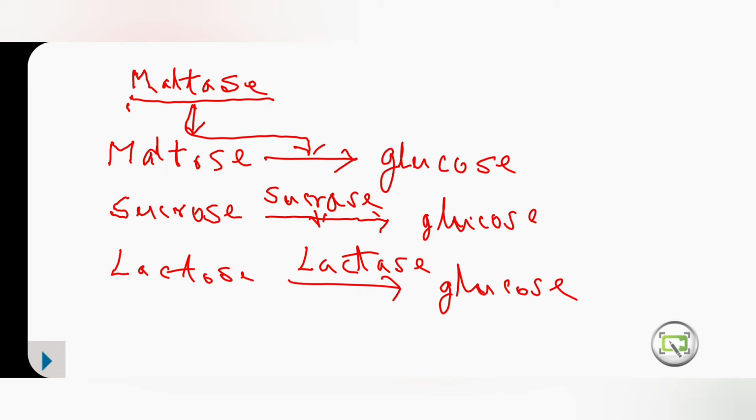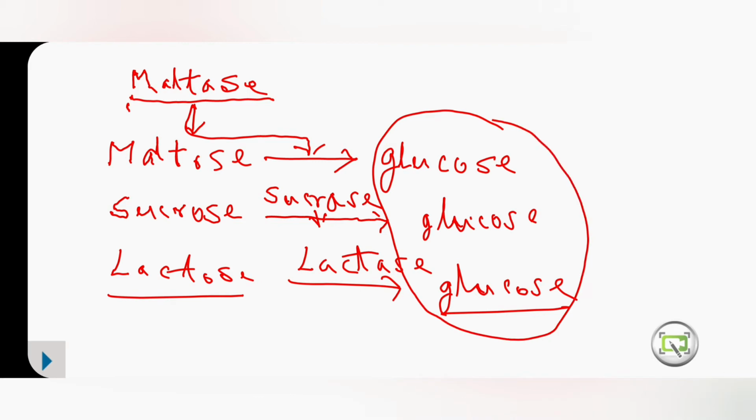So lactose is converted into glucose by the action of lactase. Thus, a group of sugars are converted into glucose by the action of ases. Finally, glucose is the end product of carbohydrates. So various sugars are converted into glucose. Thus, digestion of carbohydrates is completed by small intestine. Glucose is the end product of carbohydrates.